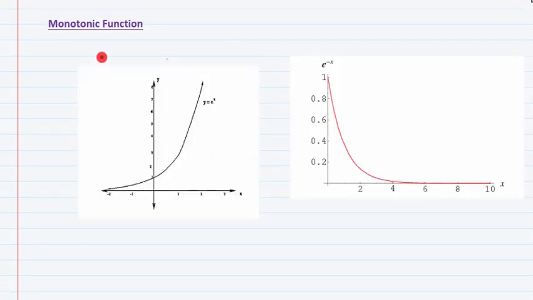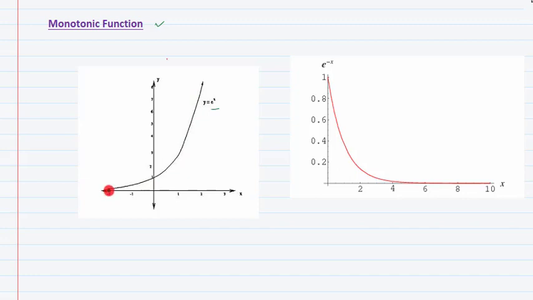The next name that you should know is monotonic function. A monotonic function is one which is either increasing or decreasing in a given particular interval. So let us take the example of the exponential function. Here is the graph of y equals e power x, that is, the exponential function.